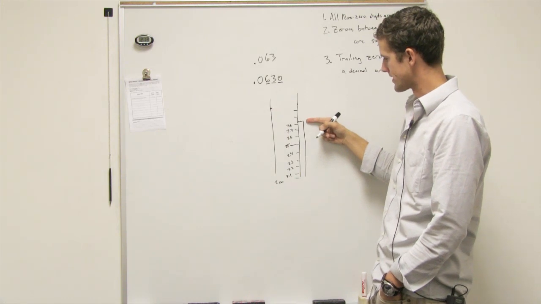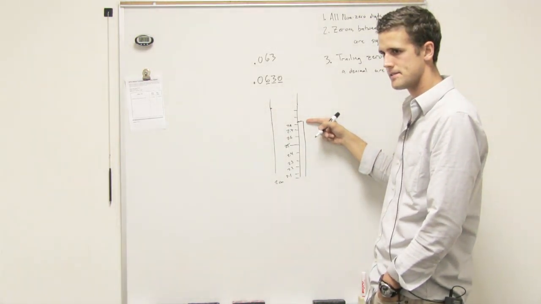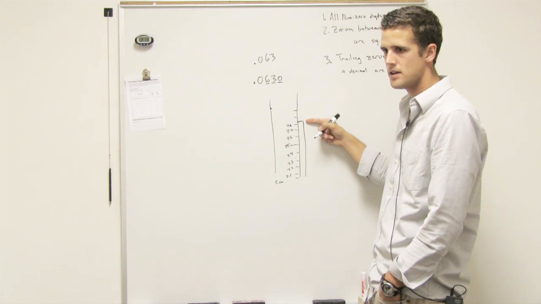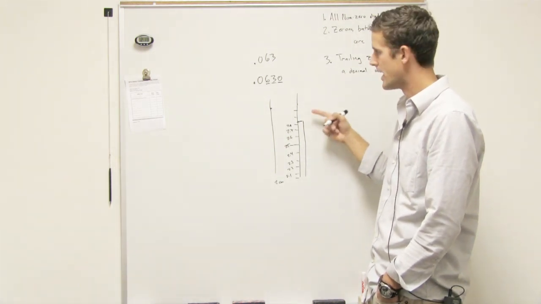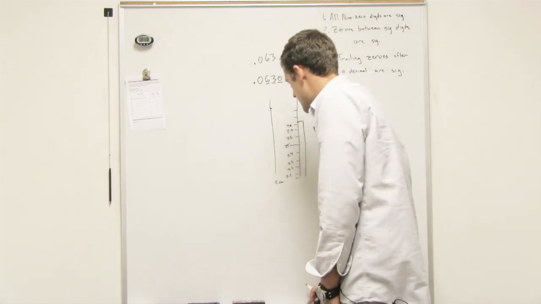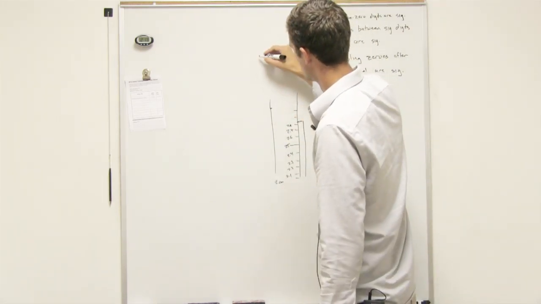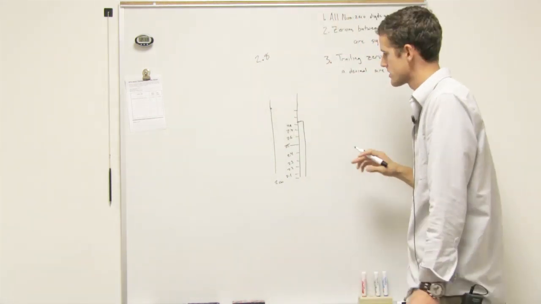What would you have to say that this length was? Well, with no uncertainty, for sure how long this one is, 2.8. So for this measurement, you could only have those 2 significant figures.